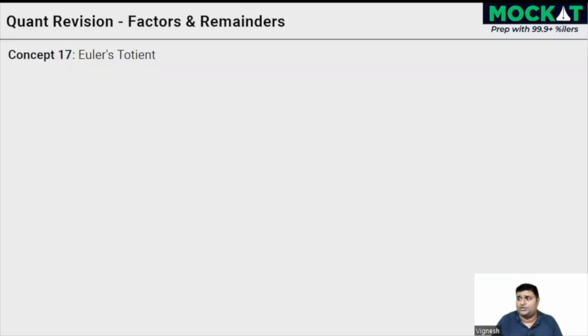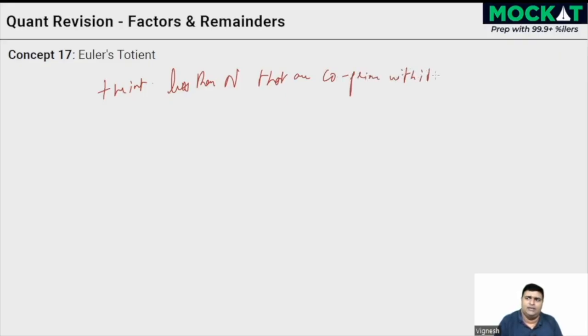Now, what is Euler's totient over here? There is a clear formula. Euler's totient is just going to find the number of positive integers less than n that are co-prime with it. Co-prime means no common factor other than 1, HCF is 1. Phi is the symbol used over here.